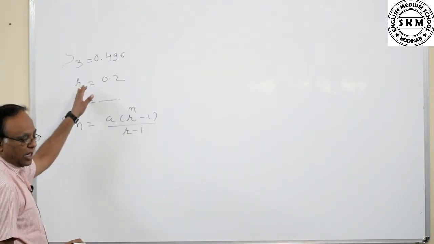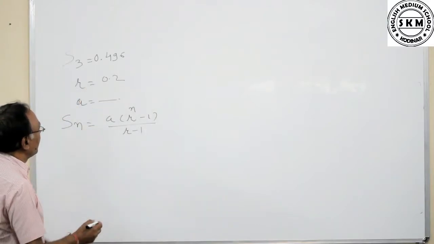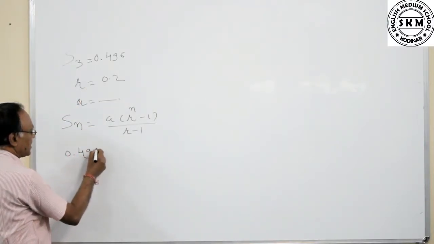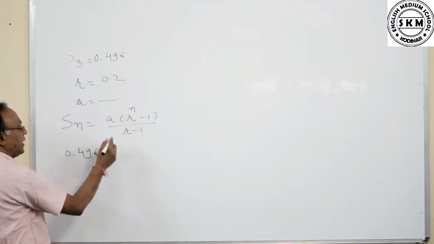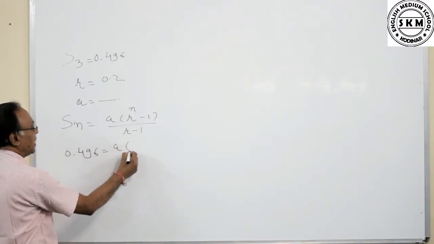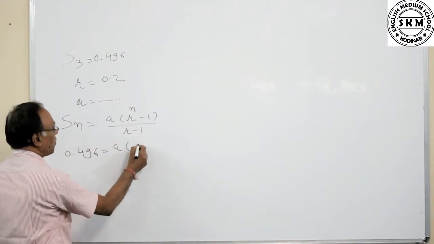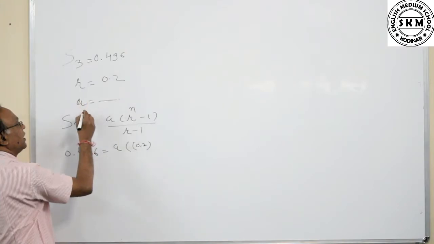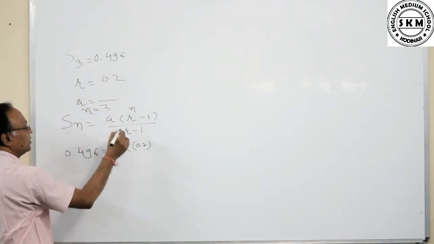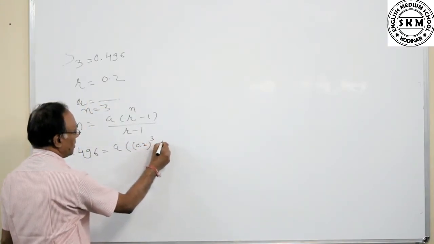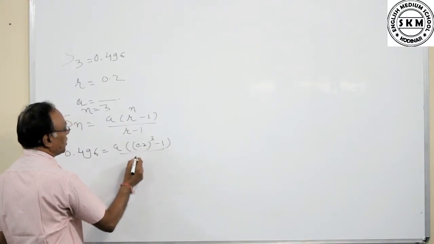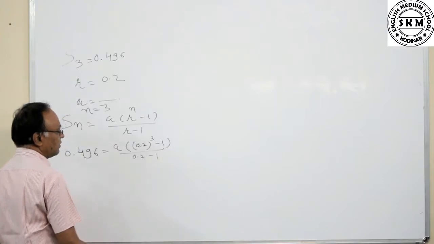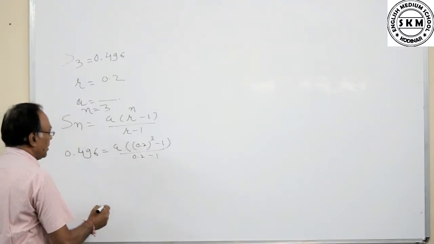Here Sn means S3, whose value is given as 0.496. So 0.496 is equal to A, we want to find r, which is 0.2, and n is equal to 3. So r raised to 3 minus 1 upon 0.2 minus 1.